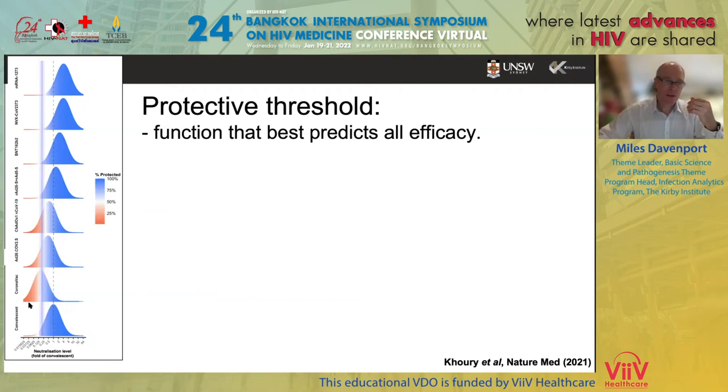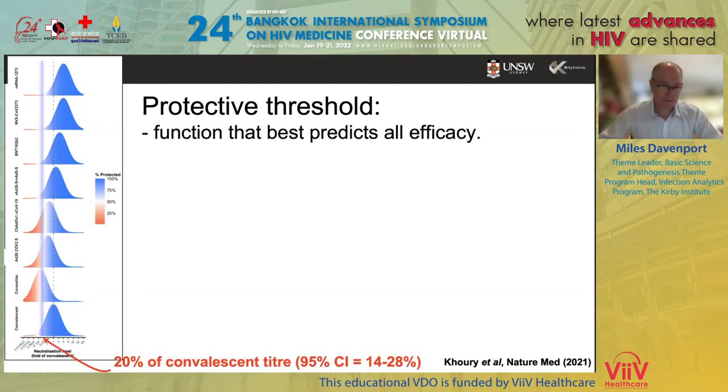So if we fit simultaneously across all of these 8 data sets, then we can estimate the IC50 and that sort of slope of protection with antibody level. And when we do that, we find that an antibody level equivalent to 20% of the convalescent titer mediates 50% protection from infection.